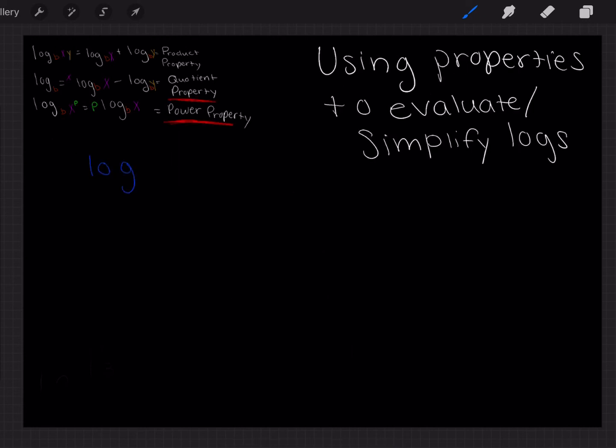And then we're going to use properties to evaluate and simplify our logs. So when we have log base 4 of the fifth root of 64, we know that there is an invisible 1 in that fifth root.